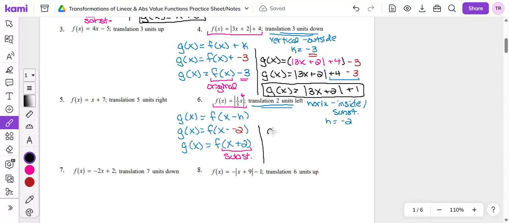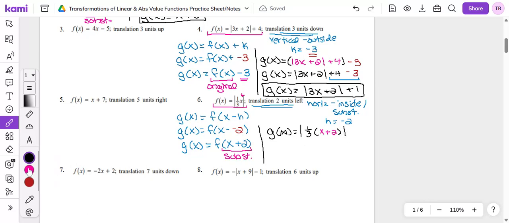So, g of x equals the original function where I'm going to substitute in for the x. So, absolute value, 1/3. I then come across the x, because it was 1/3 x, so now it's going to be 1/3 parentheses x plus 2. Close it.